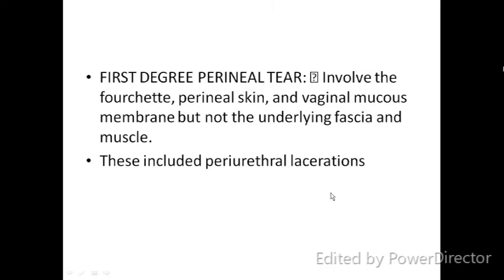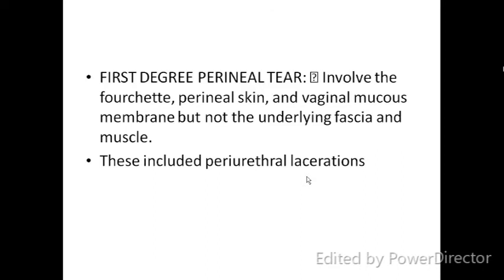Periurethral laceration means any injury lateral to the urethra, in the periurethral area. Sometimes when in a normal delivery we have to give proper perineal support. Where do you give perineal support? You give perineal support with your palm at the perineal body and anal part, to prevent perineal tear.